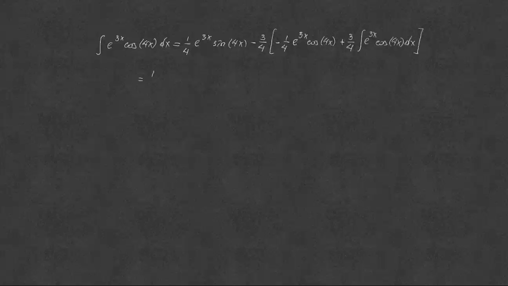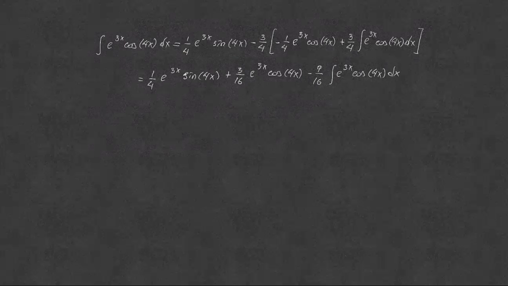So that is going to be 1/4 e to the 3x sine 4x minus, oh, so it's going to be plus, so it's going to be plus 3/16 e to the 3x cosine 4x minus 9/16 integral of e to the 3x cosine 4x dx.